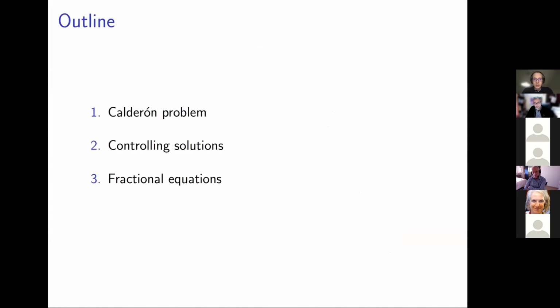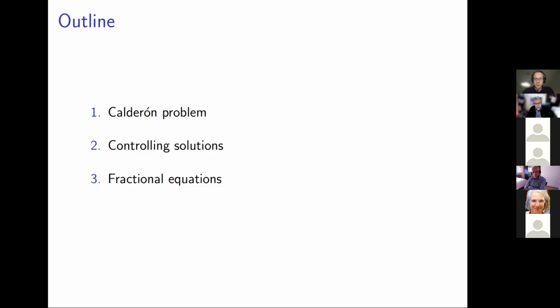And after this motivation, I'll discuss this idea of controlling solutions to elliptic PDE in the framework of the Runge approximation property. And I'll explain some recent applications in the field of inverse problems of these approximate controllability type things.